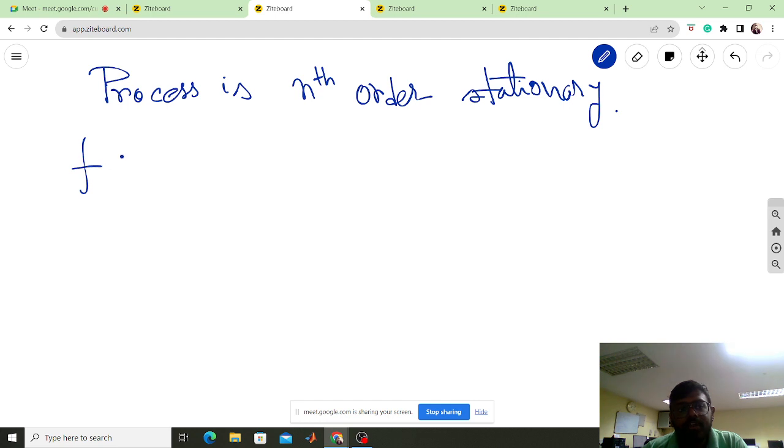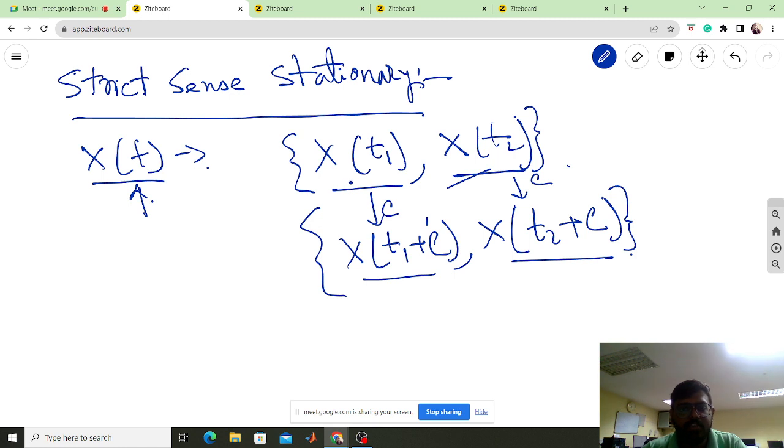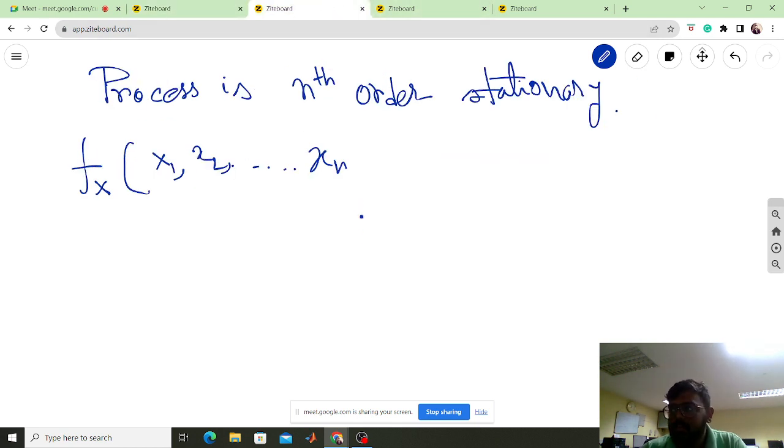the joint probability distribution, written as x1, x2, and in this way up to xn. Here I had taken X(t1) and X(t2); in this way I can go up to tn, nth order, with t1, t2, dot dot dot, tn.